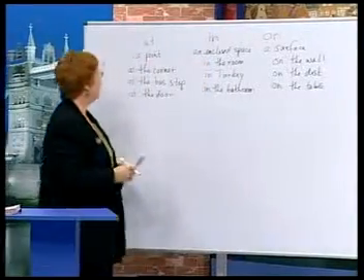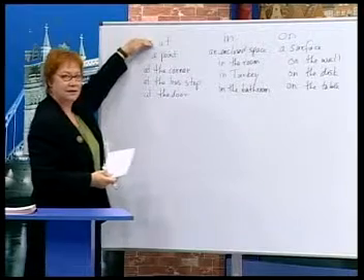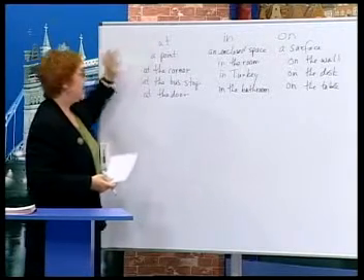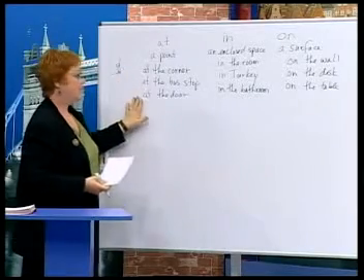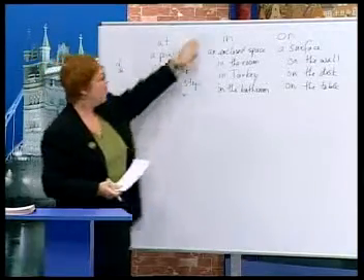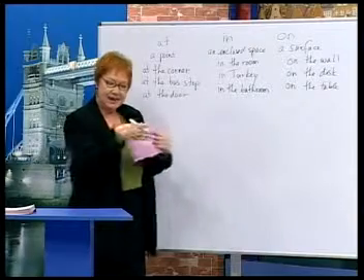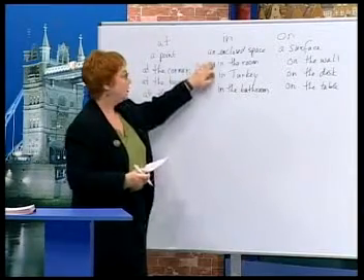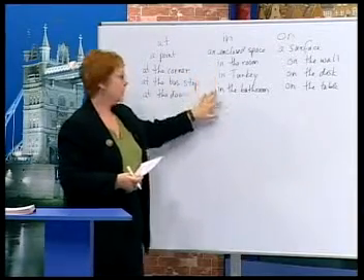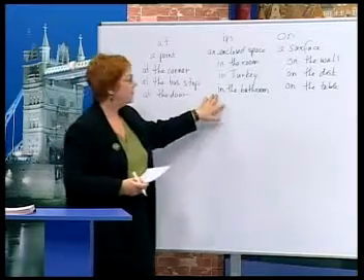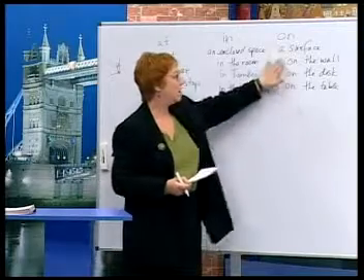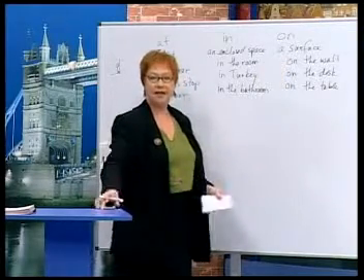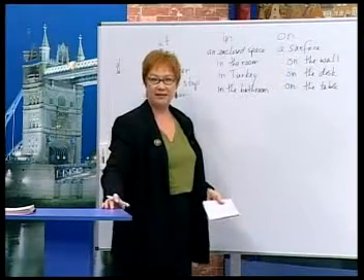So again, we have at, a point, at the corner, at the bus stop, at the door. Within is in a space, in the room, in Turkey, in the bathroom. And finally, we have on a surface, on the wall, on the desk, on the table.